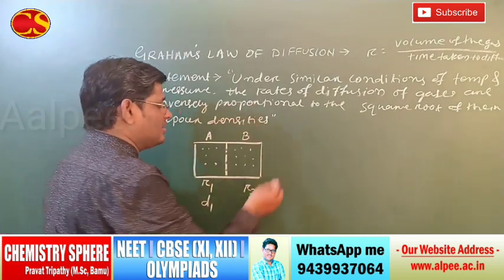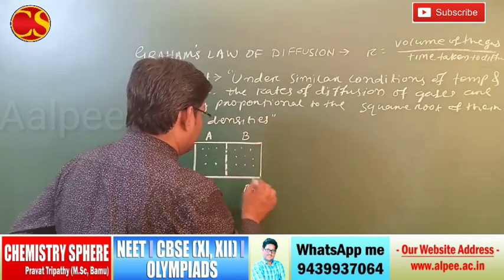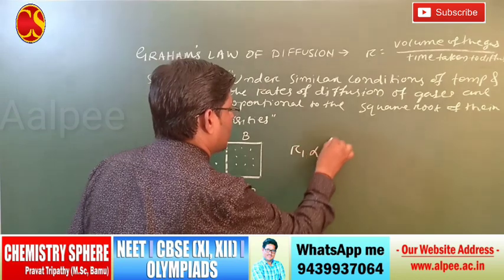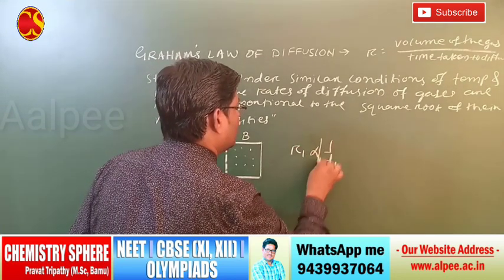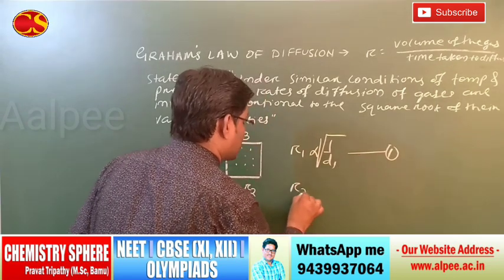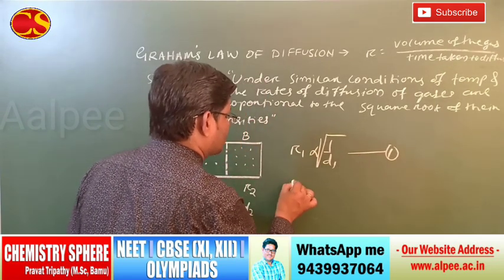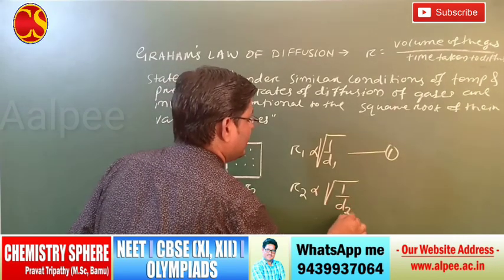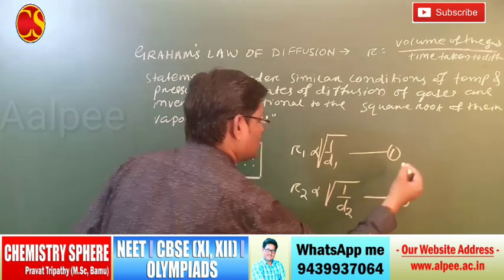By applying Graham's law of diffusion in the case of gas A, we get R1 proportional to 1 by root D1. This is your equation 1. And in the case of gas B, applying Graham's law of diffusion, R2 is proportional to 1 by root D2. That is your equation 2.